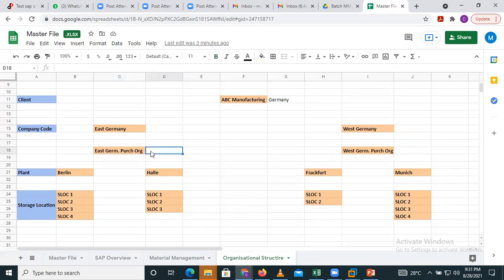If the purchasing organization has 10 people, I want these 2 people to procure chemical materials, the remaining 2 people to procure pharmaceutical materials, and the remaining 2 people to procure maintenance related materials, right? So we are segregating the responsibilities based on the purchasing group.